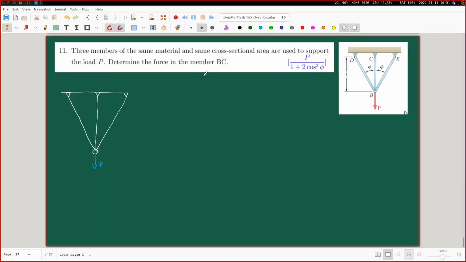here, exact same idea. So this BC member is creating the problem. We will remove the BC, the connection at C, and replace that by a force at C. Okay, so let me do that.